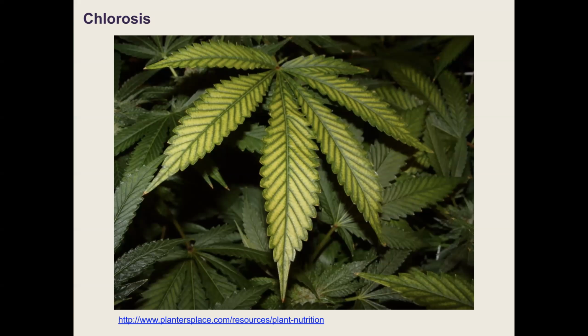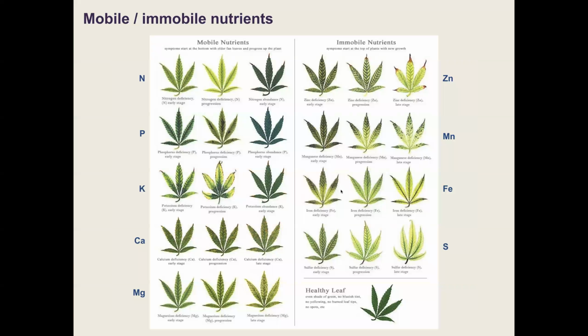But this is a nice illustration of a plant that's got a lot of uniformly green leaves in the background and this one leaf that's got some yellowing on it. And the pattern of yellowing can be useful for identifying the kind of nutrient deficiency you have.